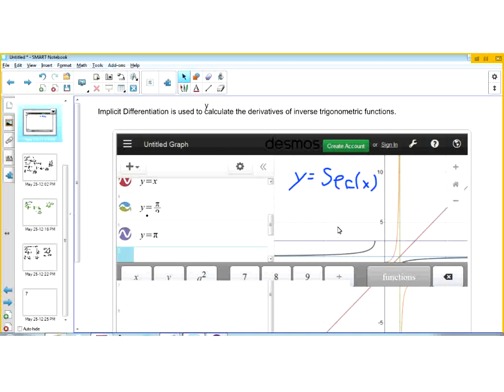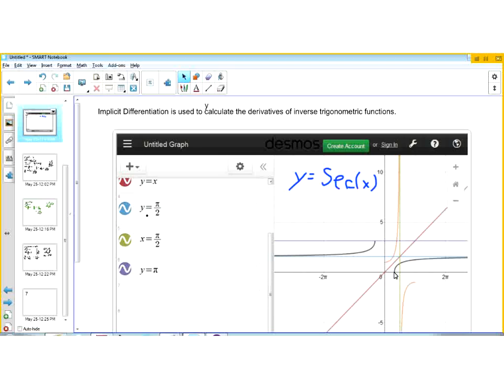Let's look at this again from another perspective. Note that the output of the arc secant function ranges over two intervals. This interval right here, let me accentuate it: from 0 to this line right here, the arc secant function ranges from 0 to pi halves.